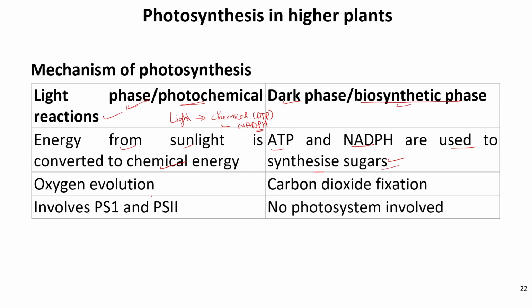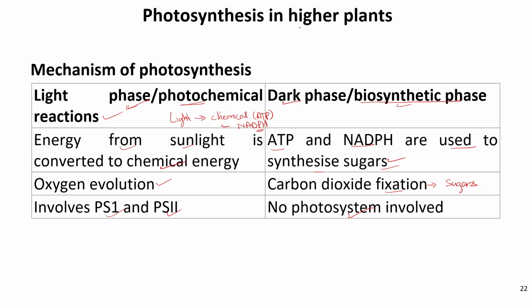Now what happens in the light reaction? Oxygen evolution takes place, and both photosystem 1 and photosystem 2 are involved. Whereas during the dark phase, carbon dioxide fixation takes place. Carbon dioxide fixation into what? Into sugars, or you can say carbohydrates. And no photosystem is involved.